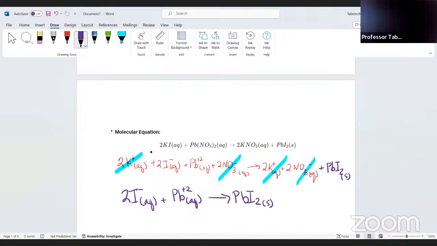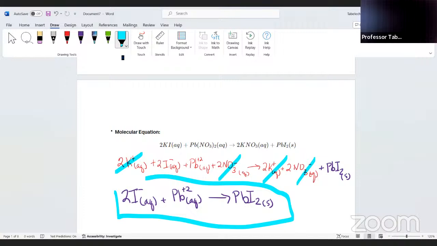You stop at this point right here. So this is where you would end it. If your test question asked you what the spectator ions were, you would say the potassiums and the nitrates. Those are your spectator ions.